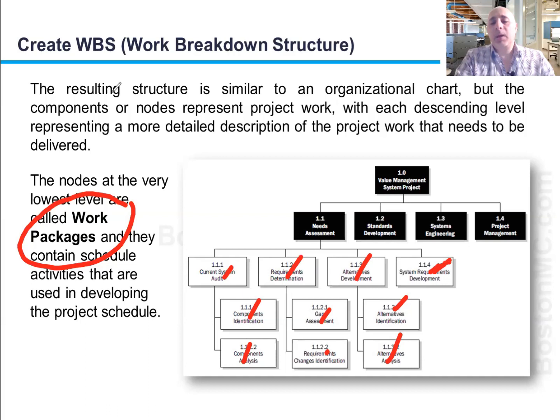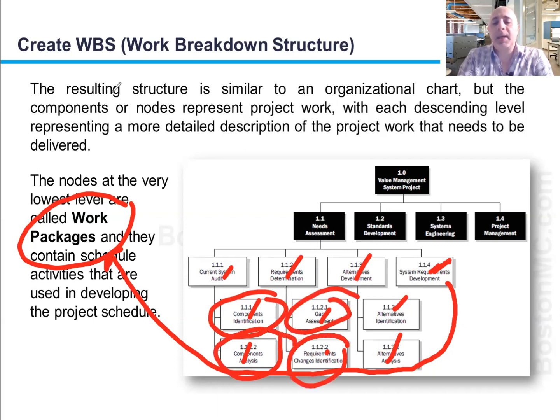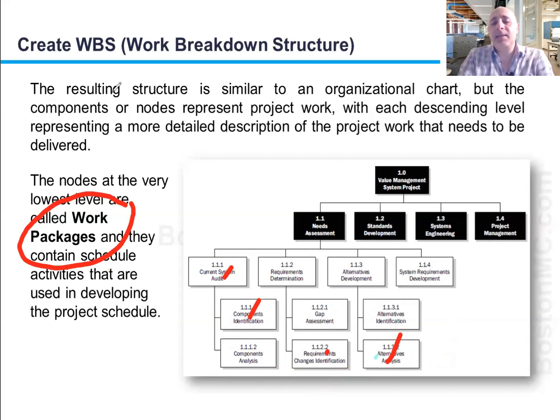That is what we call a work package. So that's the work package right there. And the other 6 that you see below, all these are called work packages because they are not further broken down. So the ones that are at the very end of the chain that are not further broken down, we call these work packages.